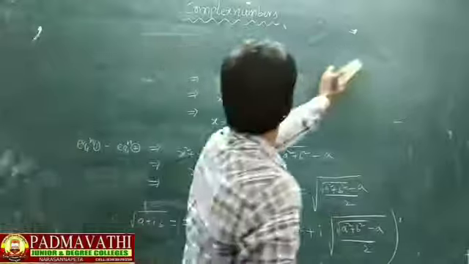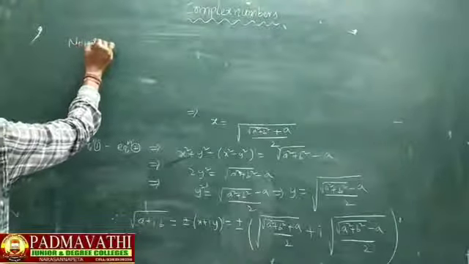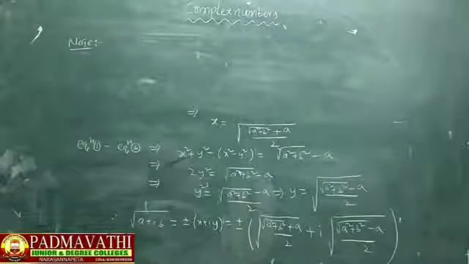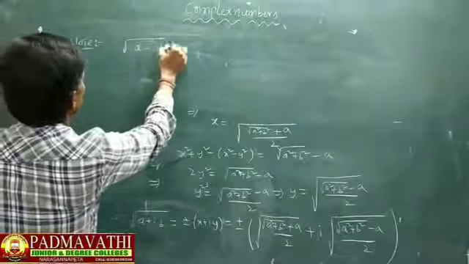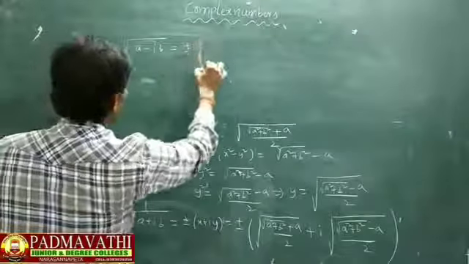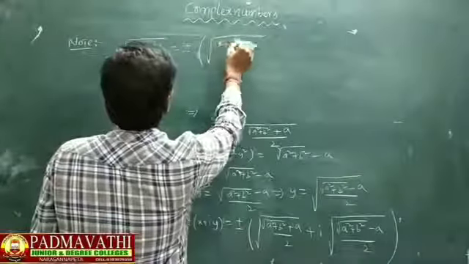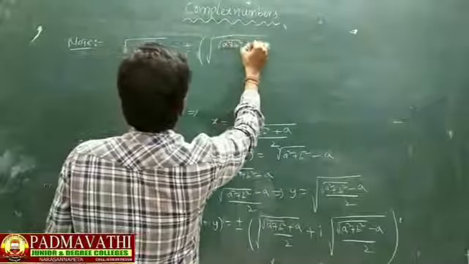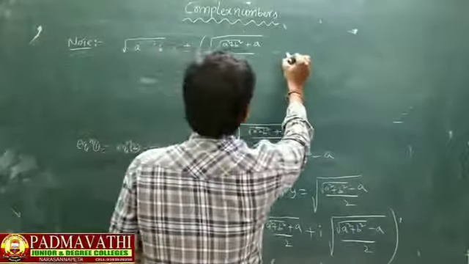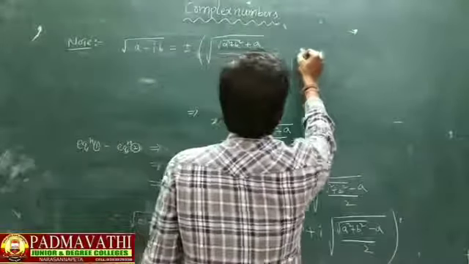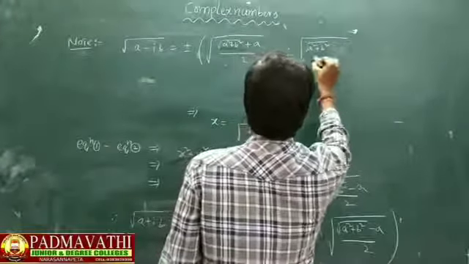Now note, the square root of the complex number a minus ib equals plus or minus, in a similar way, the square root of ((root of a square plus b square plus a) by 2) minus i times the square root of ((root of a square plus b square minus a) by 2).